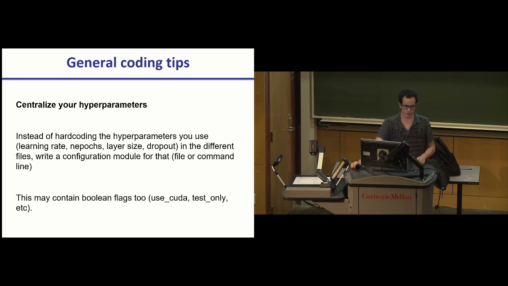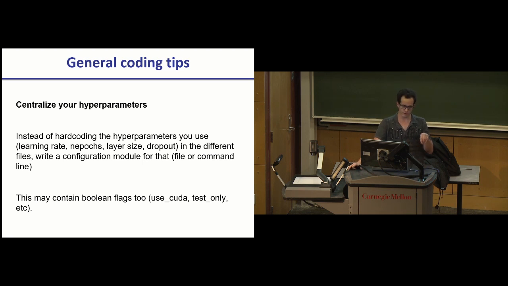The thing people usually do is, when you want to define the learning rate, you just put, when you define your optimizer, your model, learning rate equals 0.001. And you do the same kind of thing for all of your hyperparameters everywhere in the code. Don't do that.